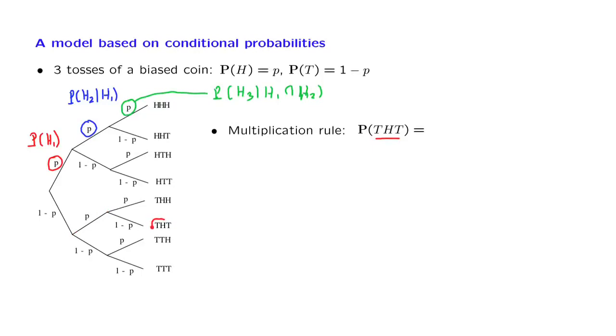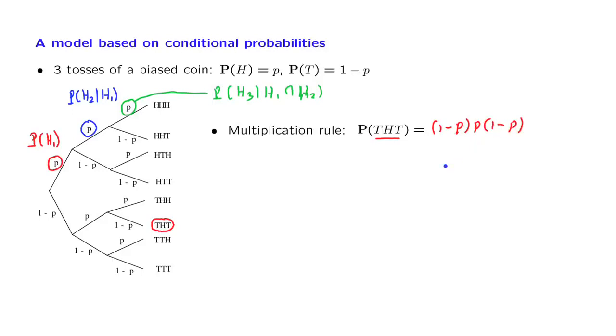So we're talking about this particular outcome here. According to the multiplication rule, to find the probability of a particular final outcome, we multiply probabilities and conditional probabilities along the path that leads to this particular outcome. So in this case, it's 1 minus p times p times 1 minus p.